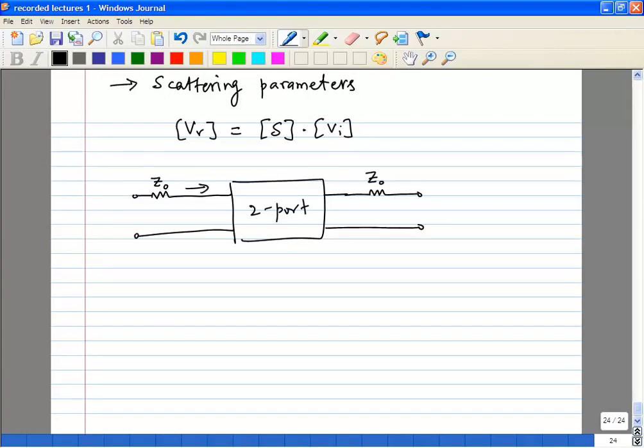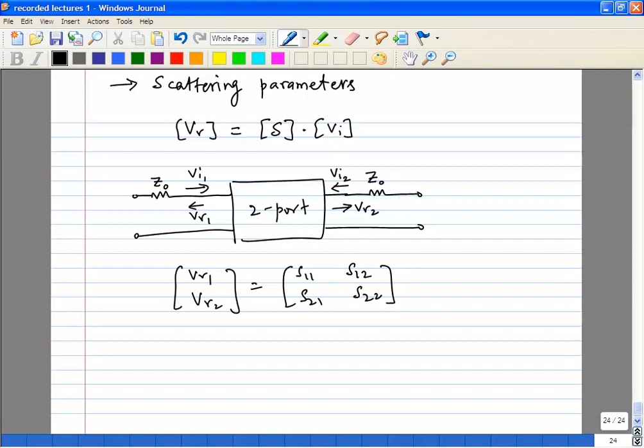So you have the input incident, which is Vi1, the input reflected voltage, which is VR1, the output incident, which is Vi2, and output reflected, which is VR2. So of course you have VR1, VR2 is the S parameters times the Vi1 and Vi2.